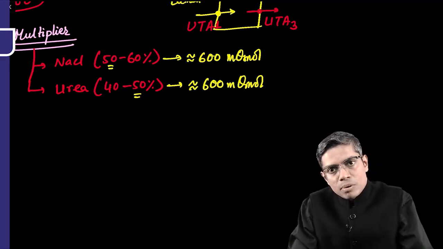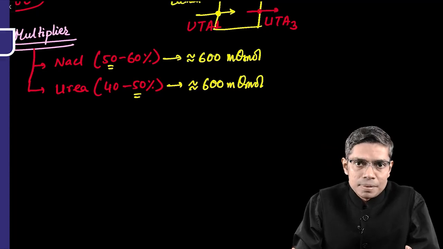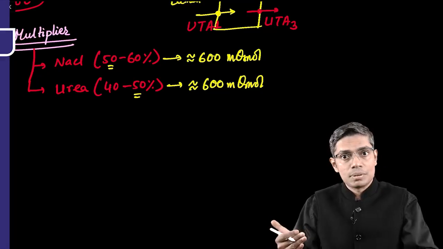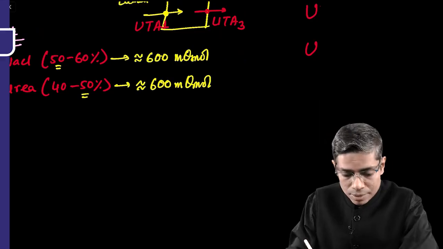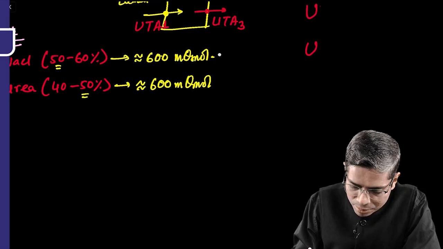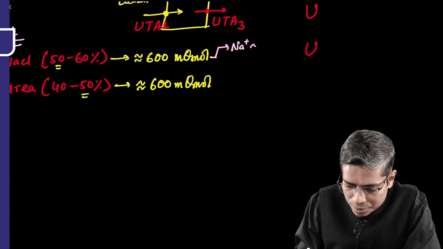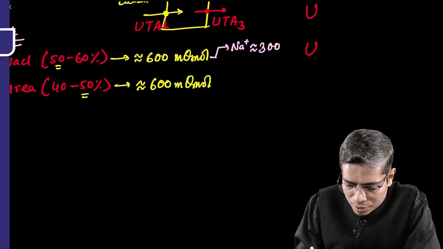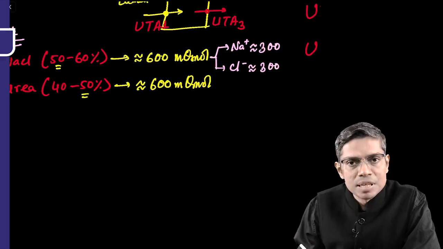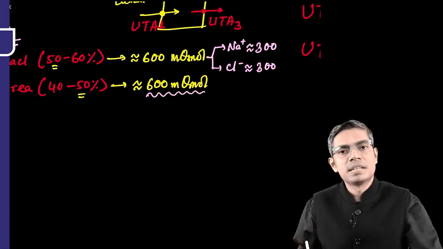Now, sodium chloride is contributing 600 milliosmoles for medullary hypertonicity. How much is contributed by sodium alone and chloride alone, right? Sodium and chloride, they will be divided. So obviously it will be half and half. Sodium alone will contribute 300 milliosmoles and chloride alone will contribute 300 milliosmoles, and urea is already contributing 600 milliosmol.